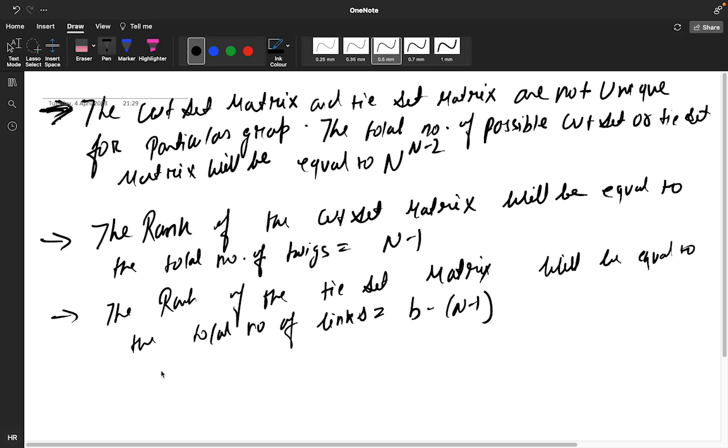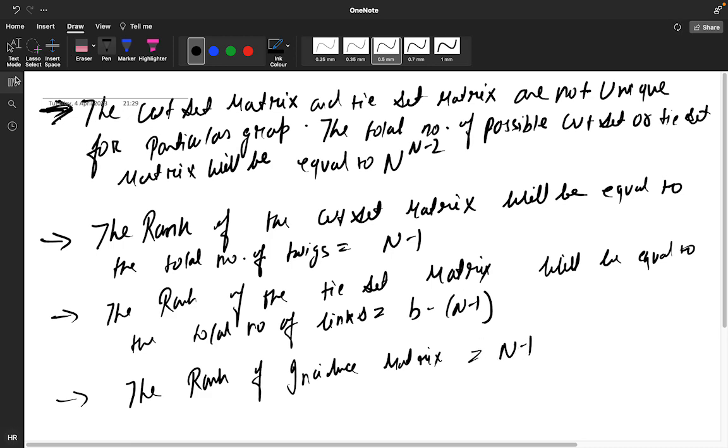And the rank of the incidence matrix, rank actually means how many independent equations you have in a matrix. We'll see these things in maths. The rank of the incidence matrix is equal to n minus 1.